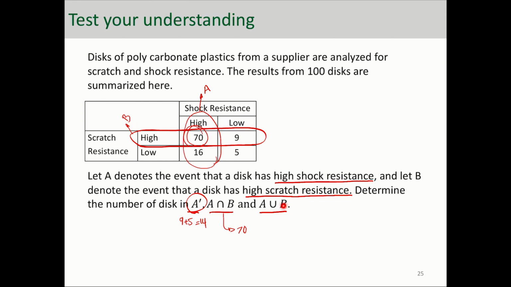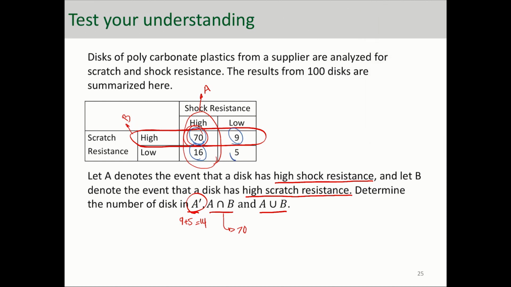And A union B, or also you can read it as A or B, is the union of these two events. Whatever disks have high shock resistance or high scratch resistance is basically 70 plus 9 plus 16.